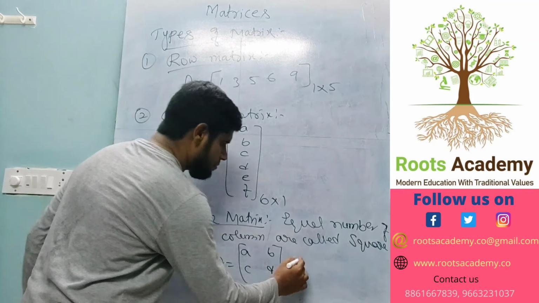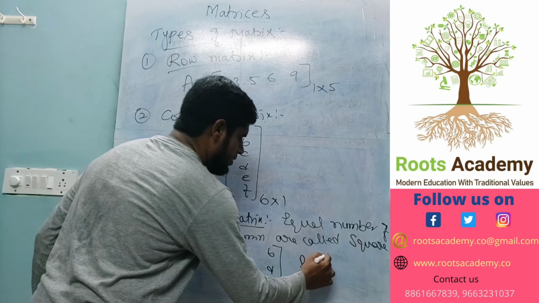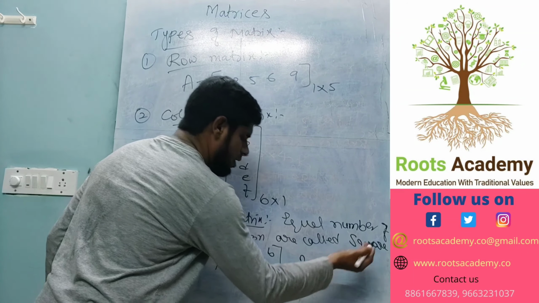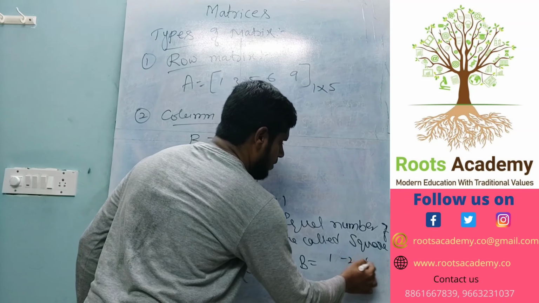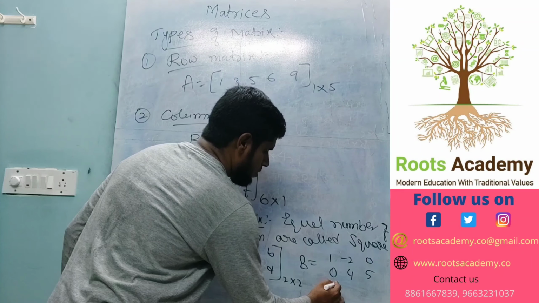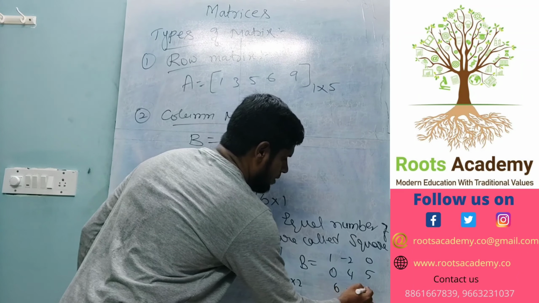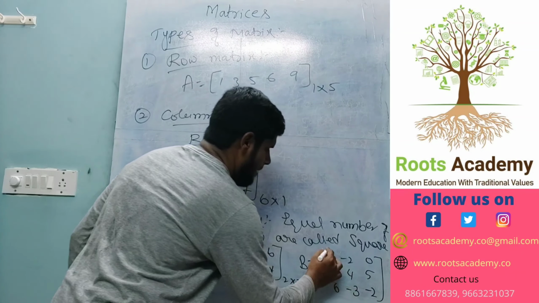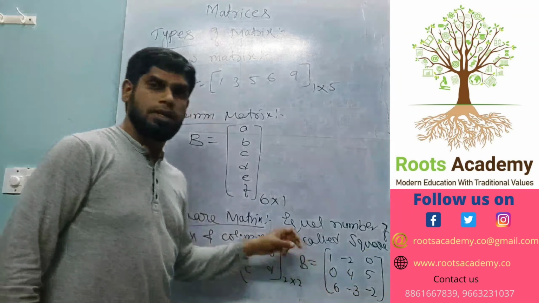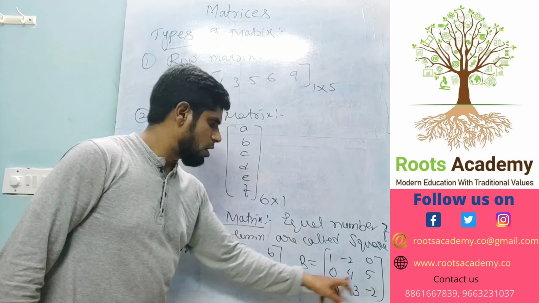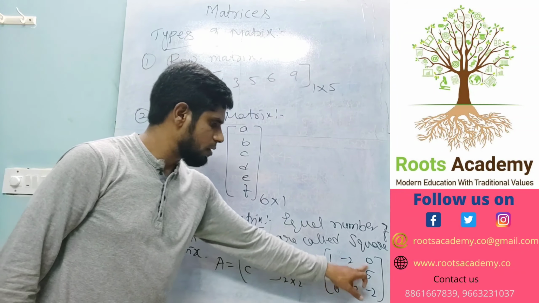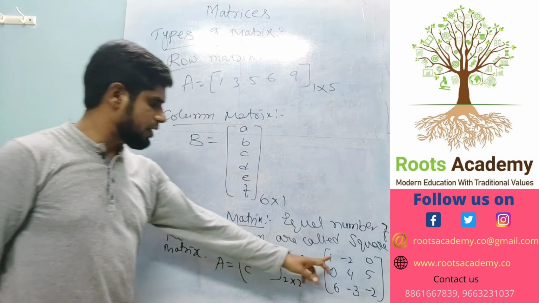Another example, B matrix, any numbers we can take: 1, 0, minus 2, 0, 0, 4, 5, 6, minus 3, minus 2. Student, in this matrix, the number of rows is equal to the number of columns, and it is 3 cross 3.